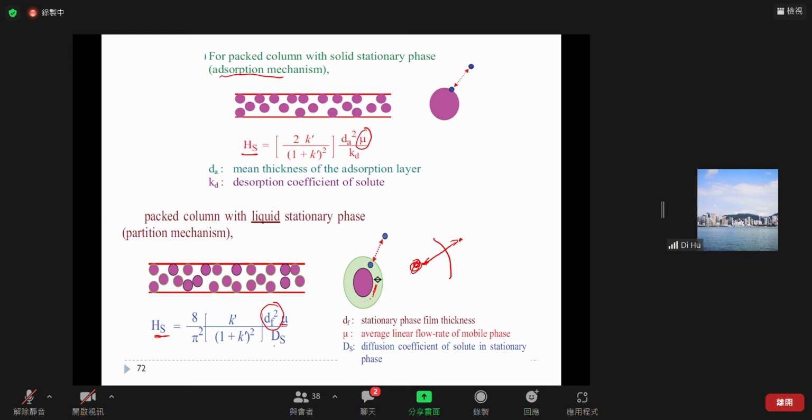And if we have a faster diffusion rate, of course it reaches equilibrium faster. So when Ds increases, this term decreases. So a smaller df, lower speed, and faster diffusion in the stationary phase favor a smaller h in the stationary phase. Easy to understand.